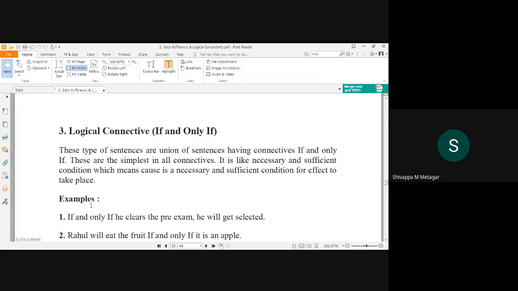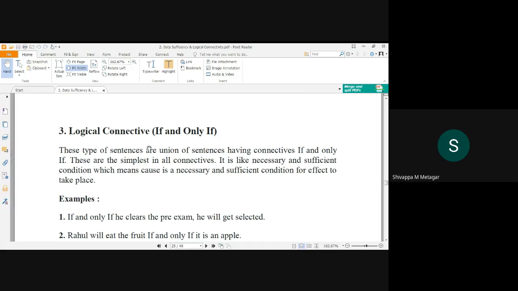Next, these types of sentences are a union of sentences having connectives. If and only if is the simplest of all connectives. It is like a necessary and sufficient condition, which means the cause is a necessary and sufficient condition for the effect to take place.